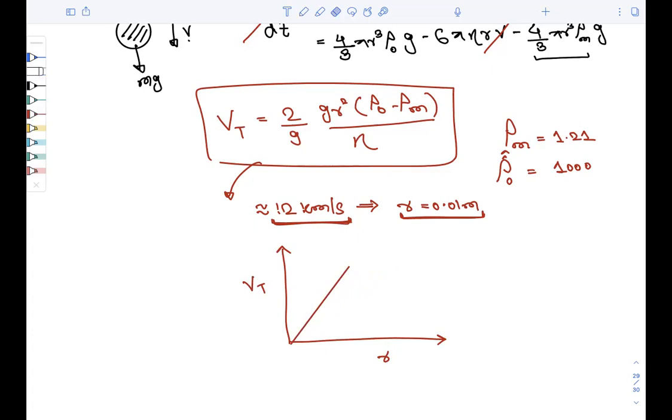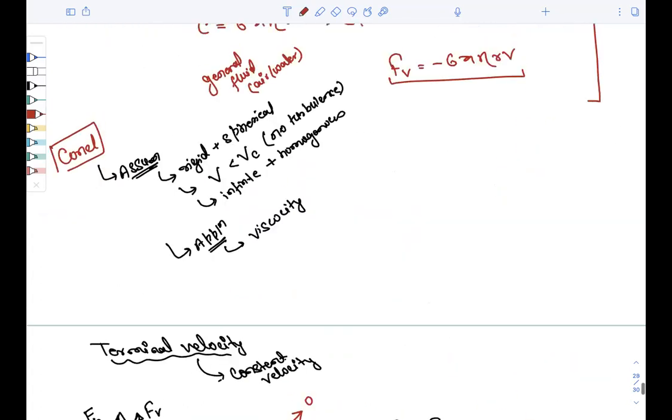It will be parabolic because all the parameters are the same: rho naught, rho m, eta, g, right? All the parameters remain the same. If you just change the radius of the object, this will be the Vt. So this can also be written in the conclusion apart from what we have discussed here.